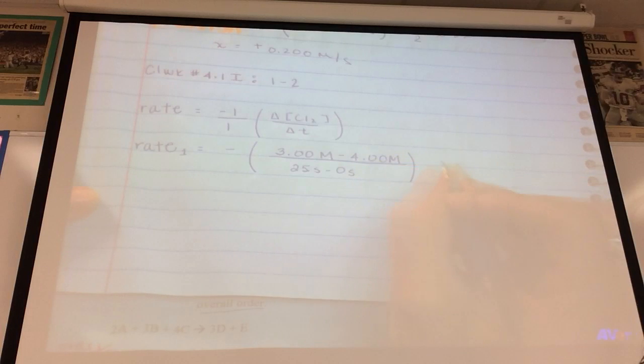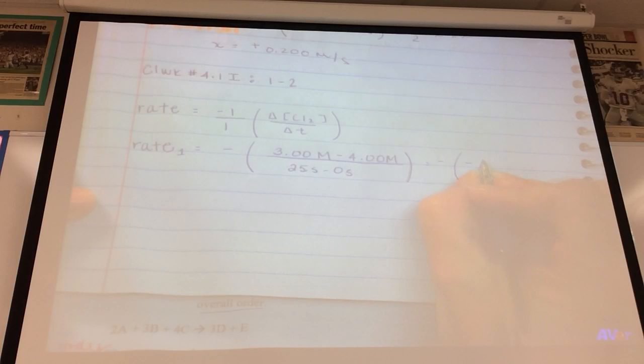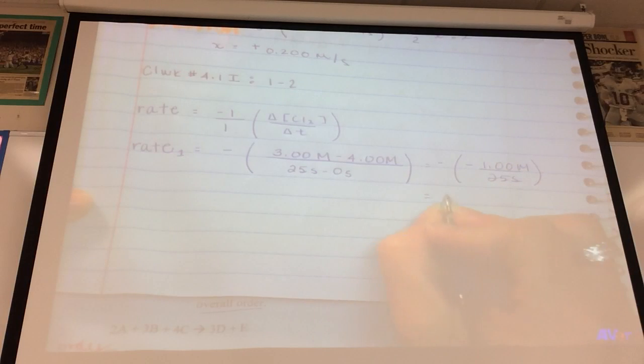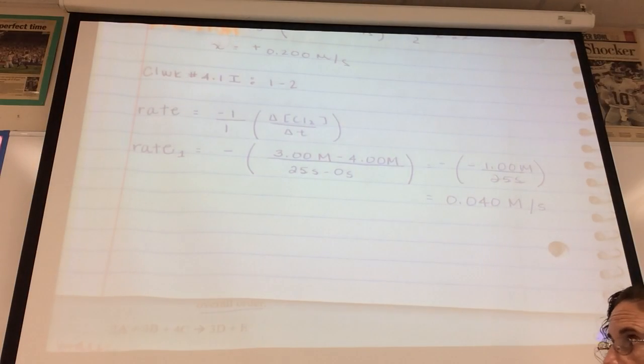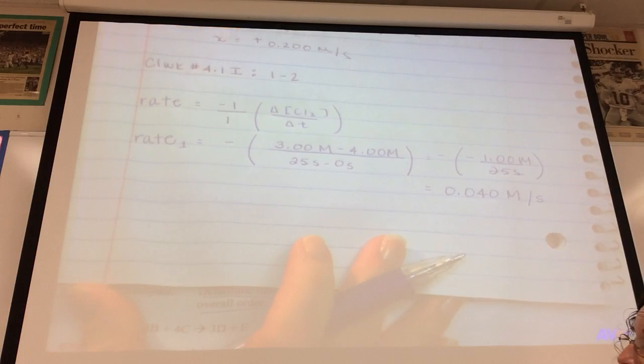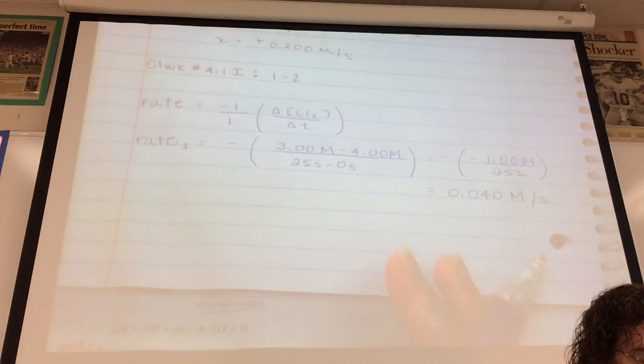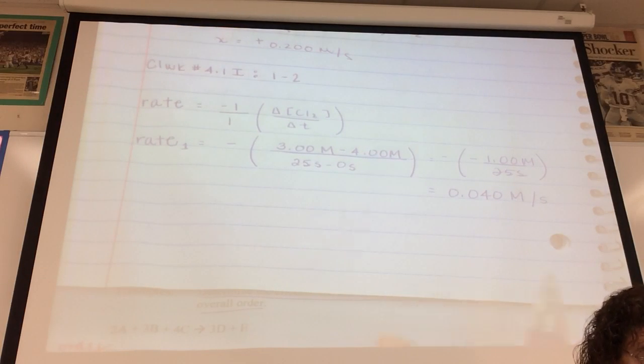And that's going to be negative times -1 molar over 25 seconds, and that's equal to 0.040 molar per second. So that's the rate at which chlorine disappears for the first time interval.